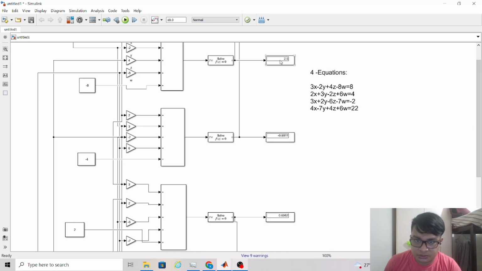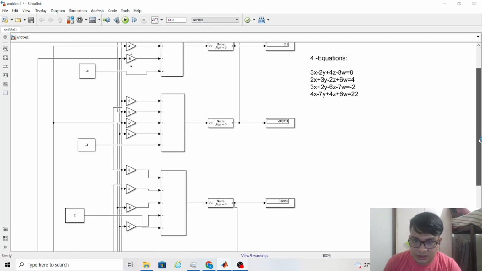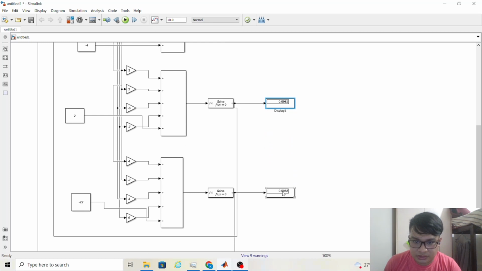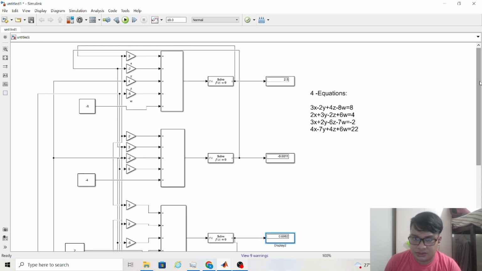It's going to be 2.5 for x, negative 0.881 for y, 0.6982 for z, and 0.5068 for w.